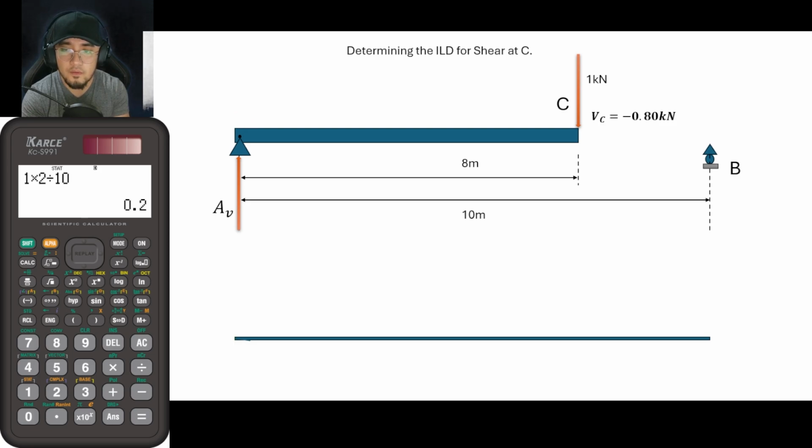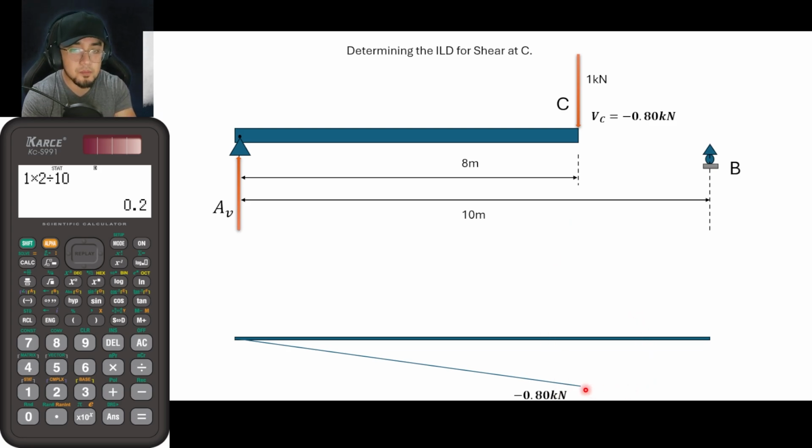And now, if the load is located here, the value of shear is negative 0.8. So from that, we would now be plotting negative 0.8. Okay? So that is now the first segment of our ILD.